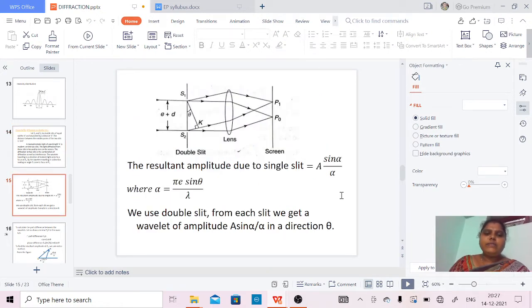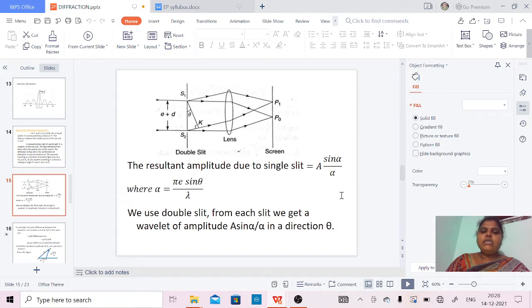See here, we are using two slits S1 and S2 which are separated by a distance d and having slit width e. That is e plus d, and it is also related to the separation between the images P0 and P1 which we obtain on the screen. The angle between the rays is theta. Here also we are using the lens.